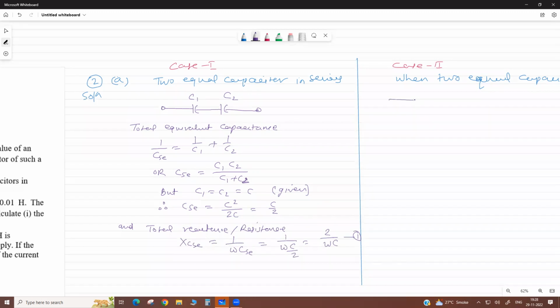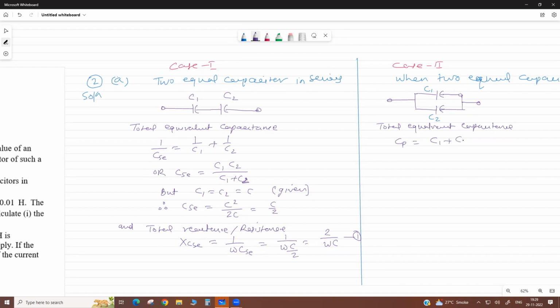But when these capacitances are connected in parallel, the total equivalent capacitance, suppose CP, is just C1 plus C2.